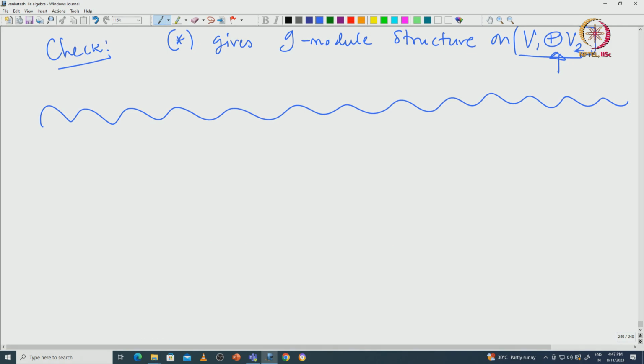Much information about the structure can be obtained from its action on some non-trivial space. We will see some examples later when I do SL2 theory and other things.